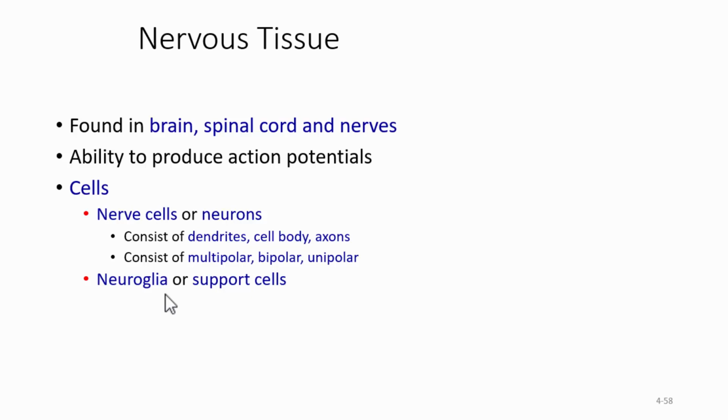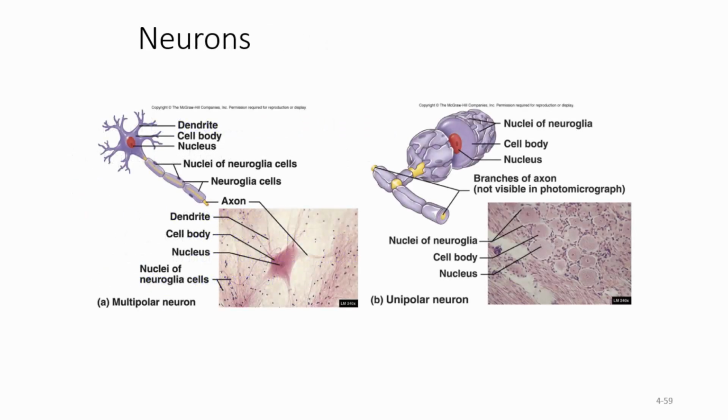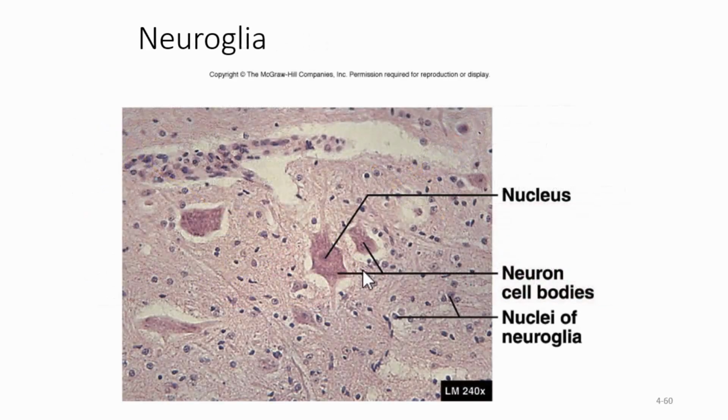To the early anatomists, I think it looked like this was gluing or cementing in the big neurons. And let's go here. So here's our neuron. See how nice and big this is? Here's a neuron. That is a baby shark. Nope, that's not a baby shark. That's another neuron. But see all these tiny little cells here? These are neuroglia.